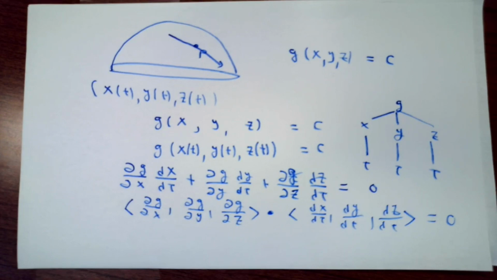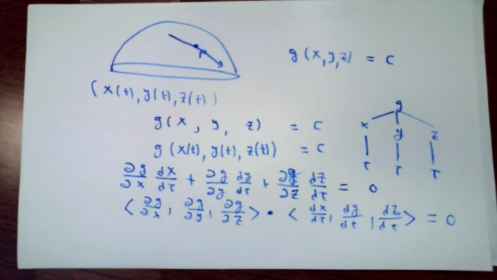Thinking as I was the other day when we started talking about the chain rule, I can think of this as a dot product. Now, in the rest of my talking today, I'm going to assume that the path is smooth, so its derivative, dx/dt, dy/dt, dz/dt, makes sense for the points that I'm interested in and is never 0 for those points. This is the velocity vector. It's a tangent vector.